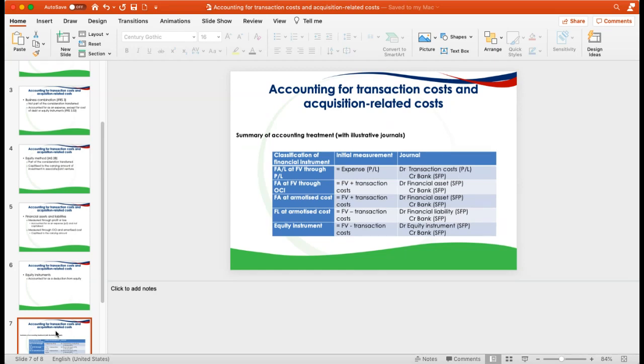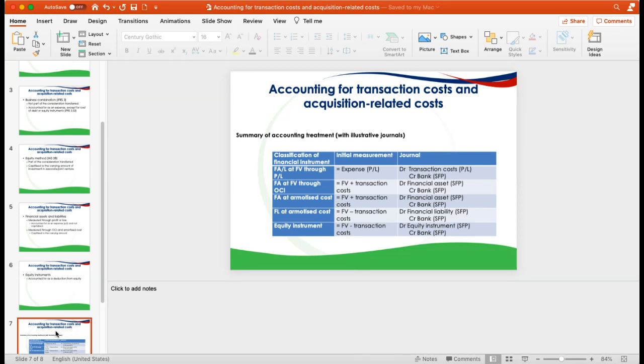For financial assets measured at fair value through OCI and at amortized cost, the journal entries would be to debit the financial asset with the amount of the transaction cost as we are capitalizing it to the carrying amount, and then credit the bank, assuming the transaction costs were a cash transaction.